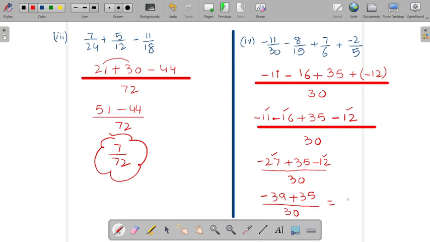Minus 39 plus 35, so it would be minus 4 upon 30. So can you tell me what should be the next step? We can cancel it. So convert it into standard form. So the answer would be minus 2 by 15. So minus 2 by 15 is the answer.